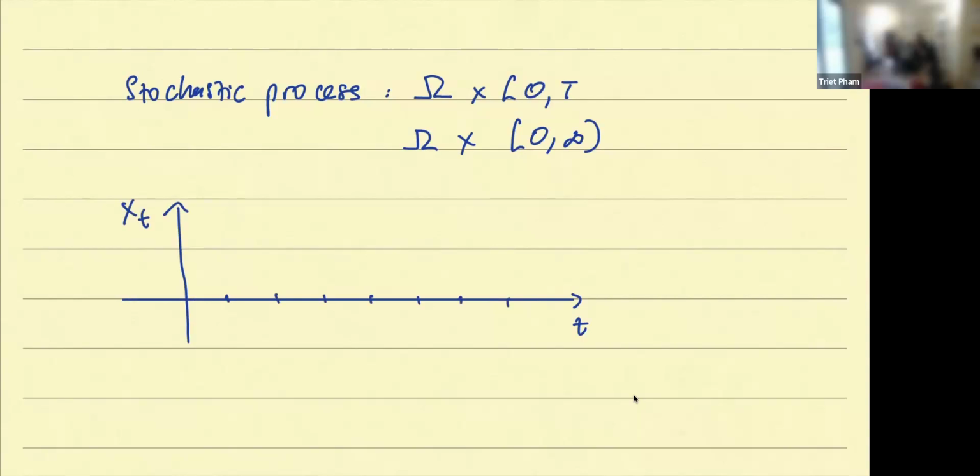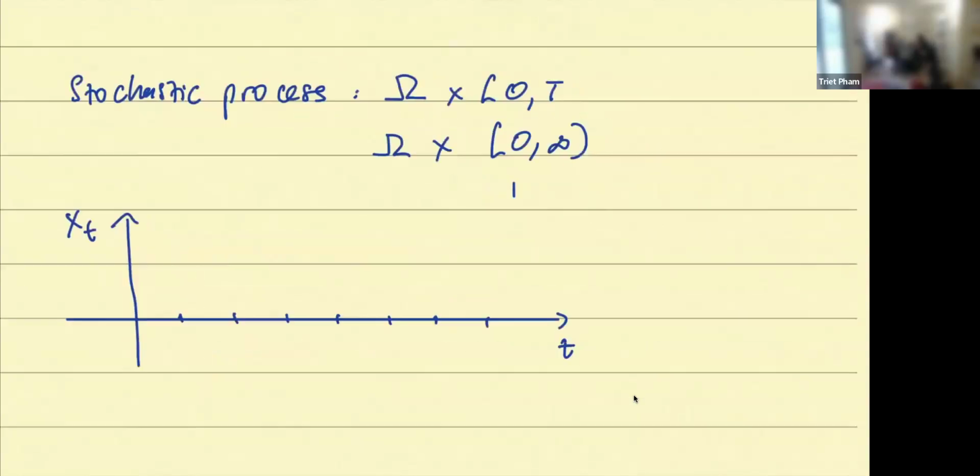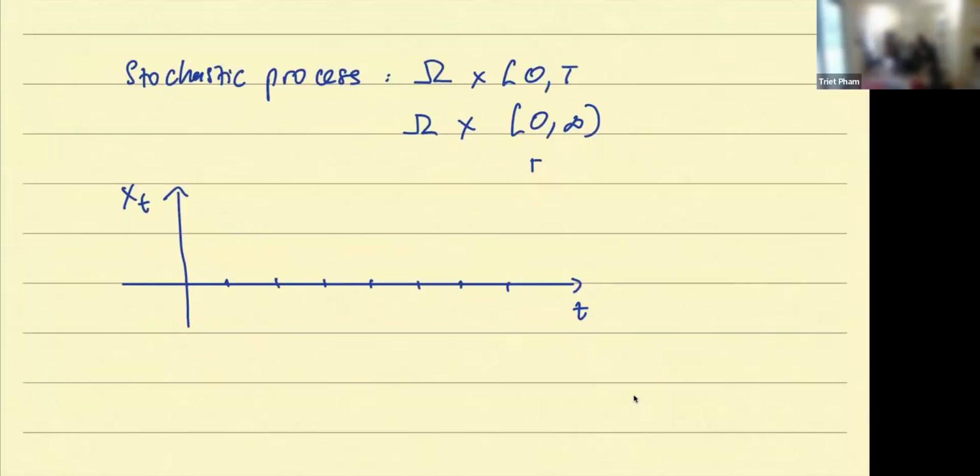And the easiest example you can think of for a stochastic process, which gives you the motivation for how or why we discuss what we do, is an IID sequence, like IID coin tosses or IID dice throws.